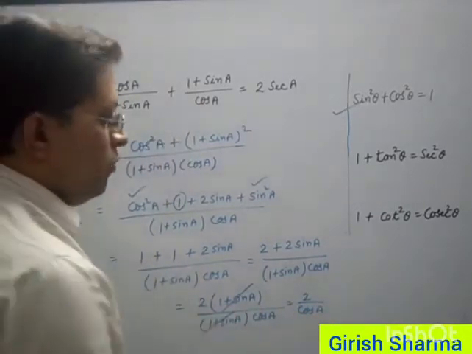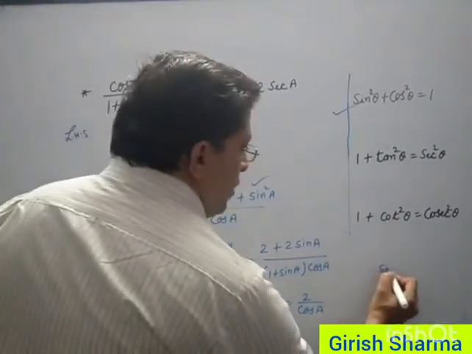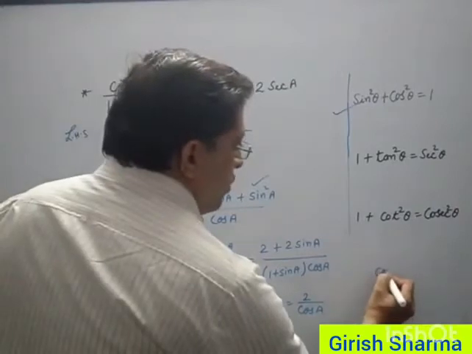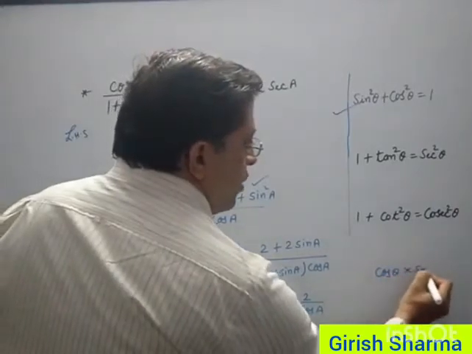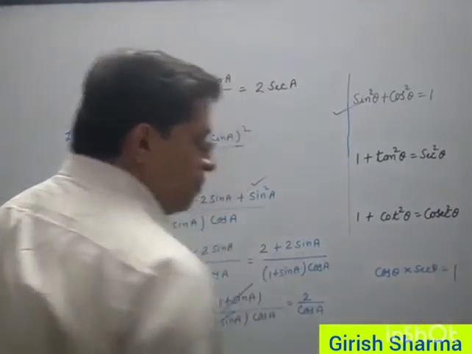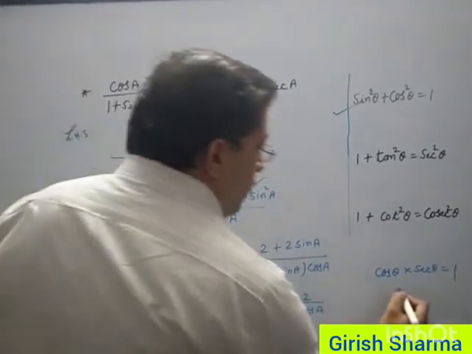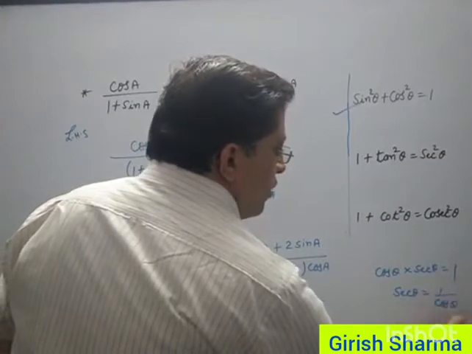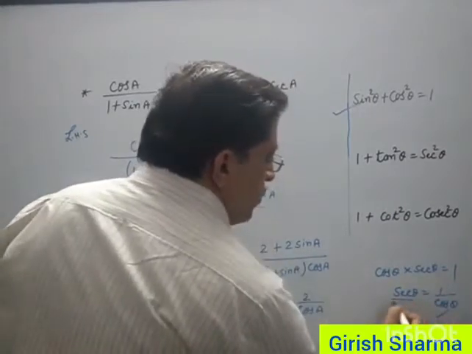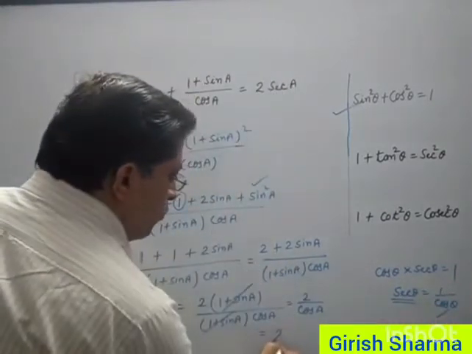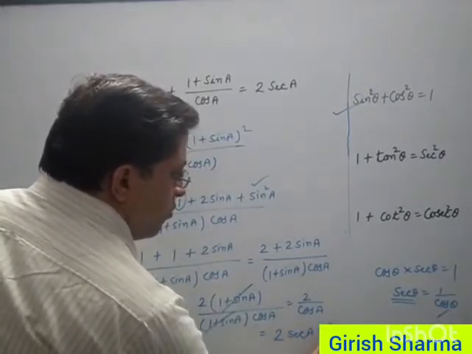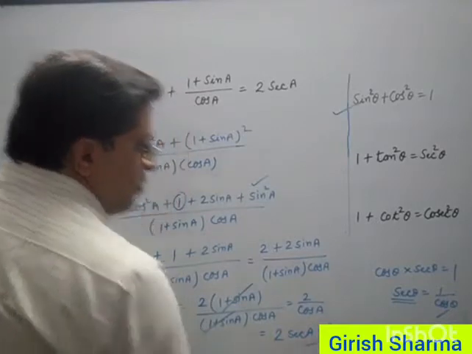Getting? Now what we know, earlier we have seen, that cos theta into sec theta is equal to 1. Then what is sec theta? We can write this is your 1 upon cos theta. It means 1 upon cos theta is equal to sec theta. So this will be 2 sec A and this is your RHS.